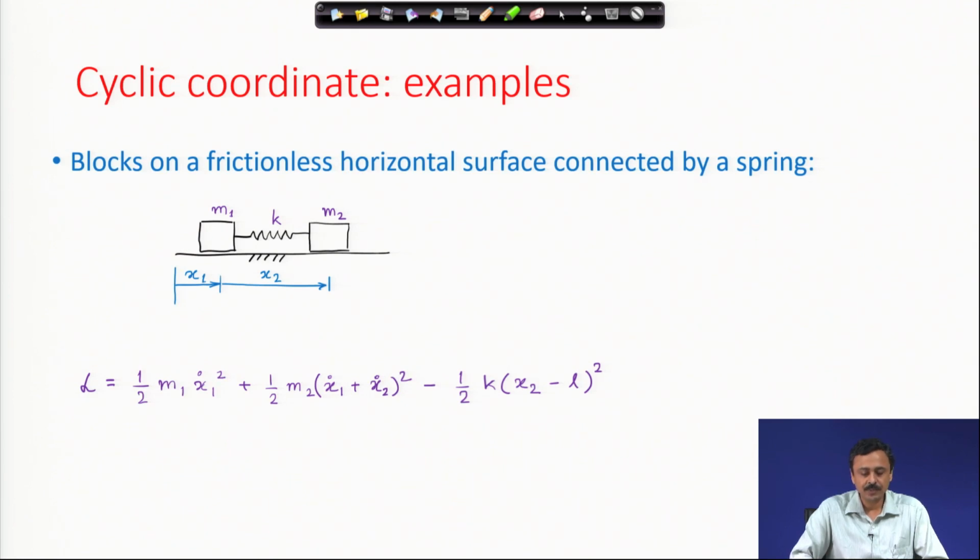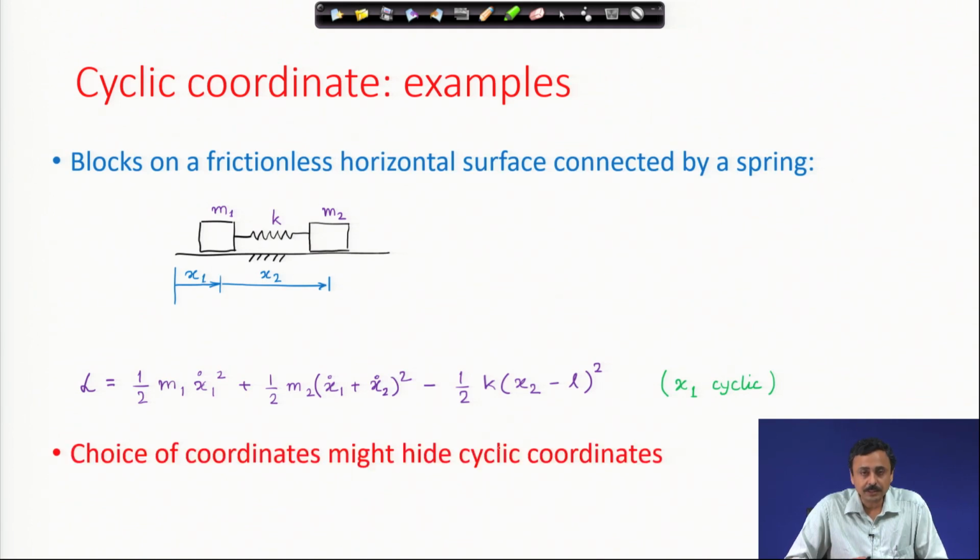Here you will find that x1 dot is present, x2 dot is present, x2 is present, but x1 is missing. Therefore, x1 is a cyclic coordinate. But then it is something worrisome. In the previous coordinatization scheme, I did not see any cyclic coordinate. In this scheme, I see a cyclic coordinate. Therefore, I can very easily detect something which is conserved, the momentum conjugate to x1.